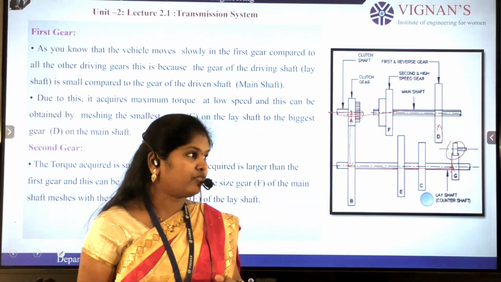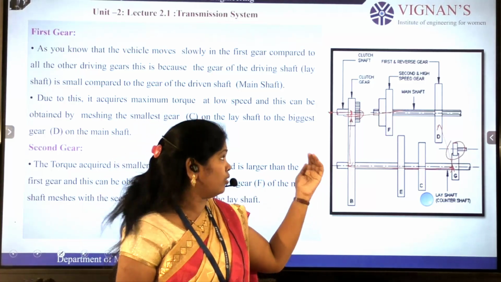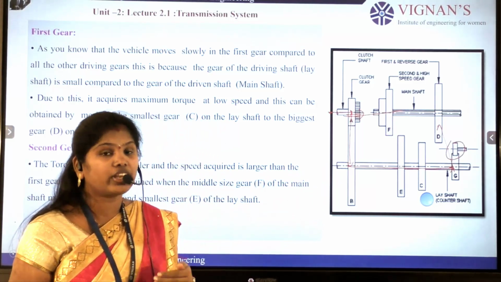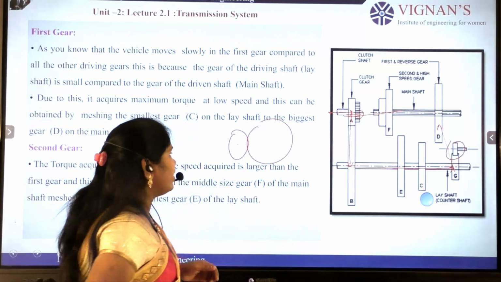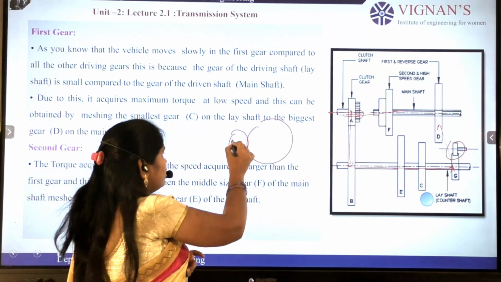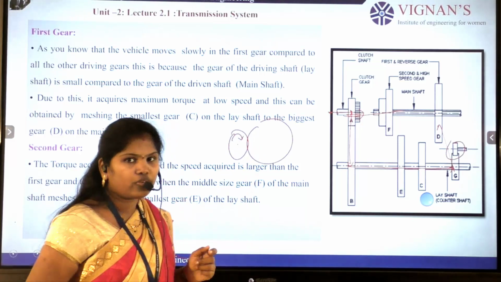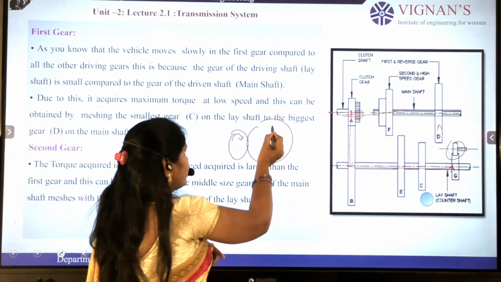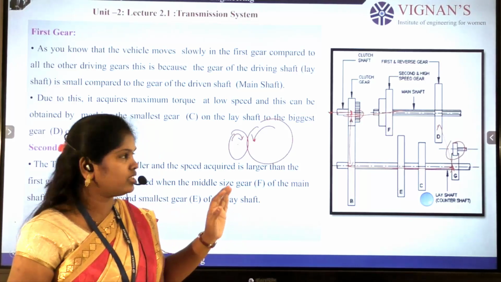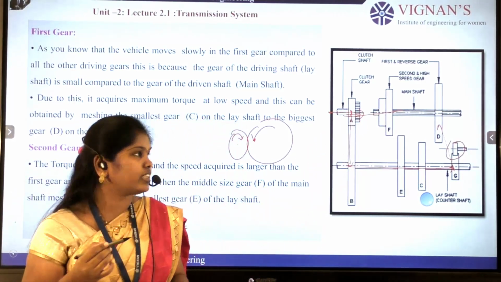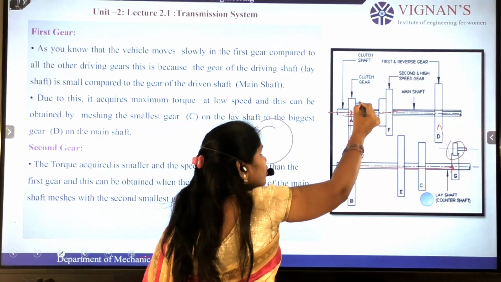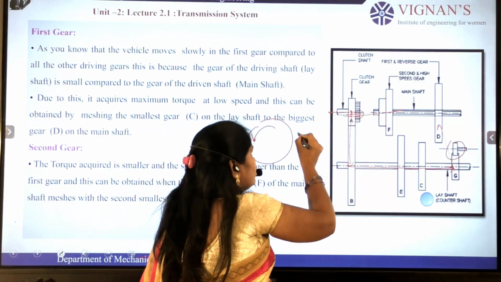How will the reverse gear be applied? We're going to discuss the directions of the gears. This is the drive gear and this is the driven gear. This will rotate in a clockwise direction, so this will rotate in an anti-clockwise direction. Let us take this A gear rotating in a clockwise direction, in the front view.